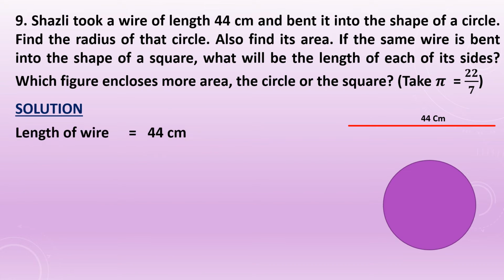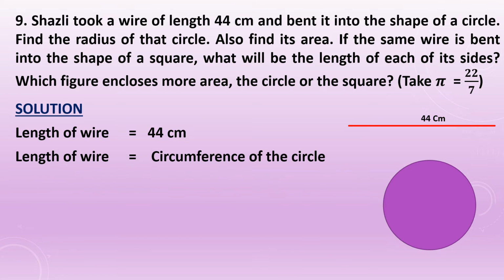So we can write length of wire equal to 44 centimeter, which is equal to circumference of the circle. And you know the formula of circumference of circle. What is circumference of circle? Yes, 2 pi r. So we can substitute over here. So we get 2 pi r equal to 44 centimeter.